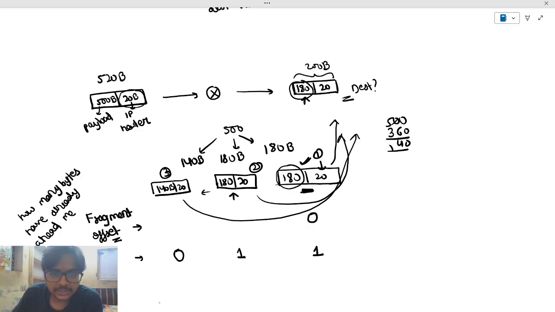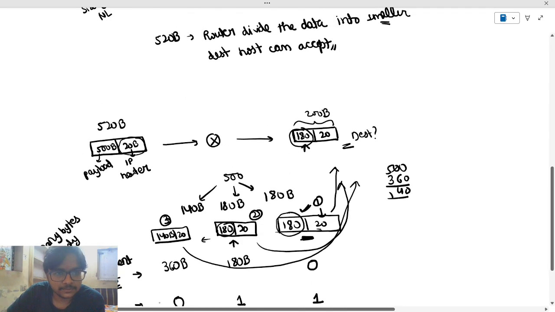As you can see here, 180 bytes. To be noted, it does not count the header here; it only counts the payload that has already been sent. For the third fragment, 180 for the second fragment and 180 for the first fragment, so a total of 360 bytes of payload has already been sent. This is how fragment offset and more fragments work.